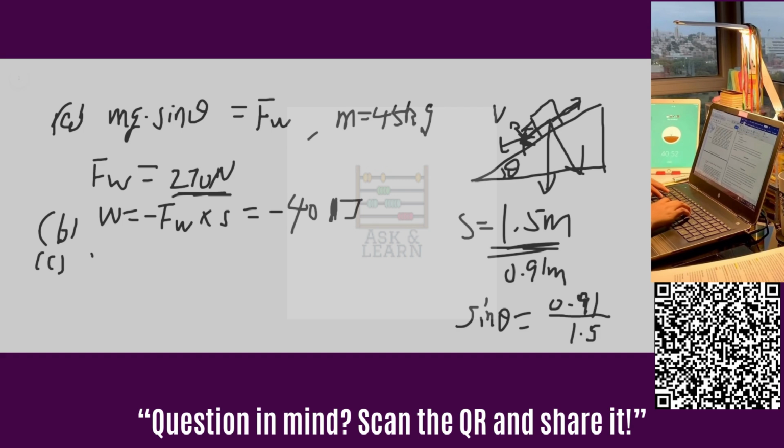And for part C, you want to find out the work done by the gravity. This is the W worker. This is Wg, gravity. So this will be equal to the gravitational force times the displacement on the y component. So which will be d times sine theta, right? So not d, sorry.